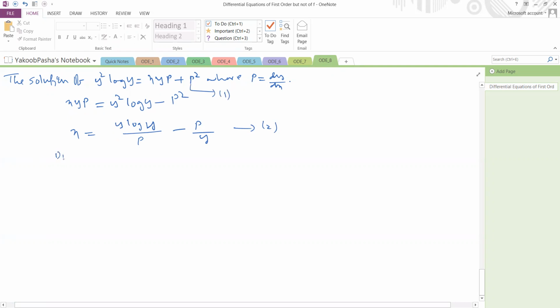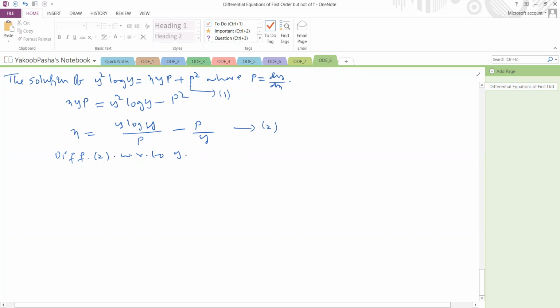Now differentiate equation 2 with respect to y. While writing the x value, we have to differentiate with respect to y. While writing the y value, we have to differentiate with respect to x.